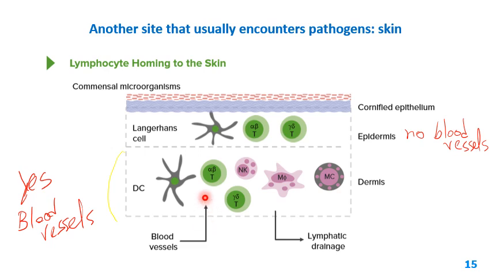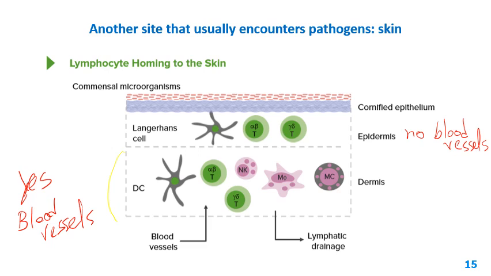Once they are in the dermis, they can migrate to the epidermis, but in order to get there, they have to come from the blood vessels. Once they are out of the blood vessels, if they want to get back into circulation and go to lymph nodes, then they have to go through the lymphatic circulation.